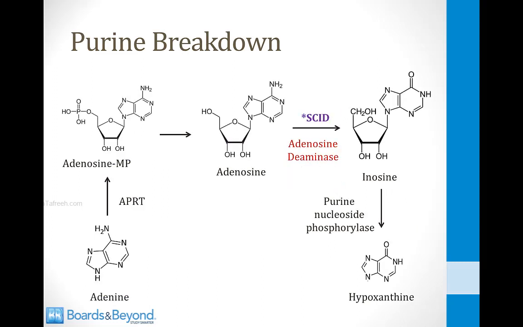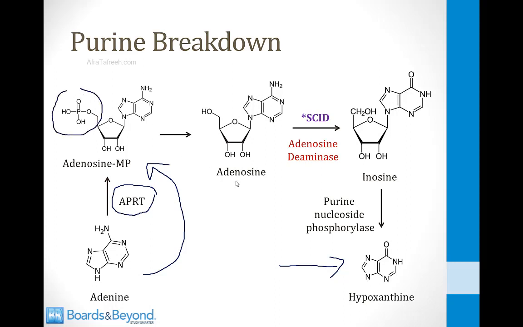Adenine has a more complicated process by which it gets converted to hypoxanthine and then to uric acid for excretion. So adenine is first converted back into the nucleotide adenosine monophosphate by that enzyme APRT, which we talked about a few slides ago. Adenosine monophosphate has the phosphate moiety removed, and then it becomes the nucleoside adenosine, which has no phosphate group attached. Then there's a very important enzyme called adenosine deaminase, which removes the amine group from adenosine and converts it into inosine.